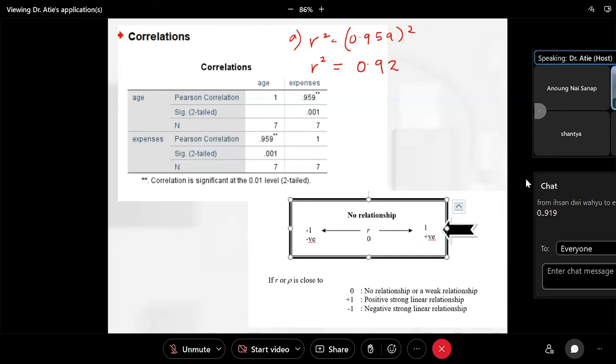Remember the purpose of R square, we call it the determinant coefficient. The purpose is to determine whether there is a relationship or not.